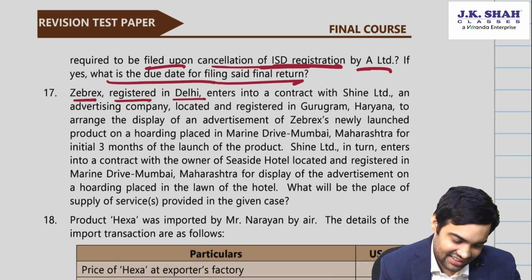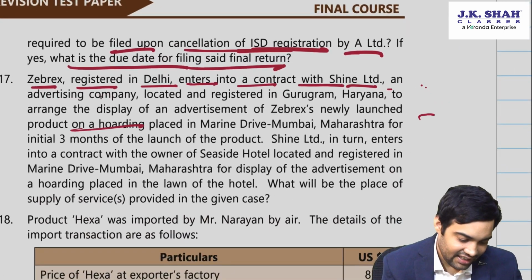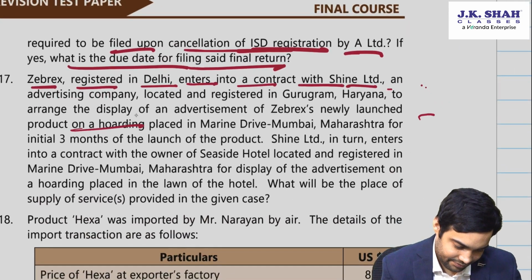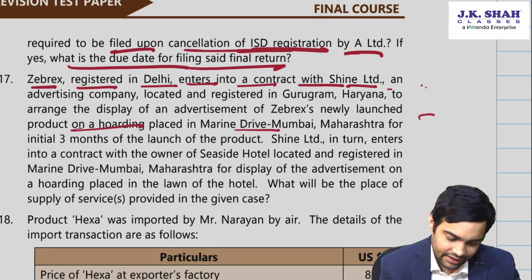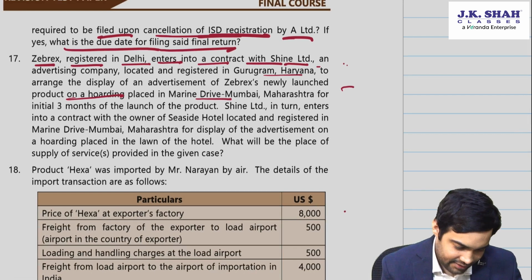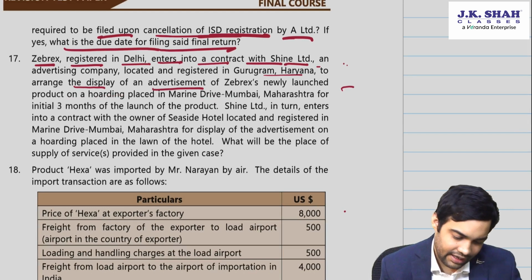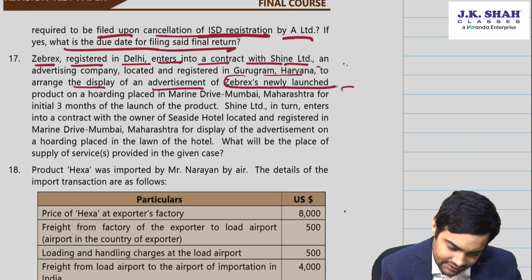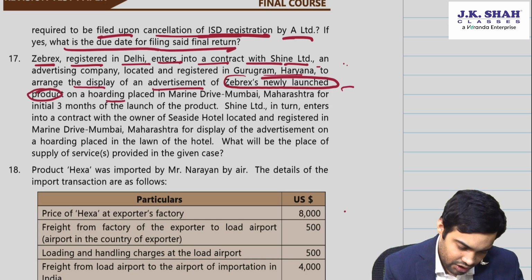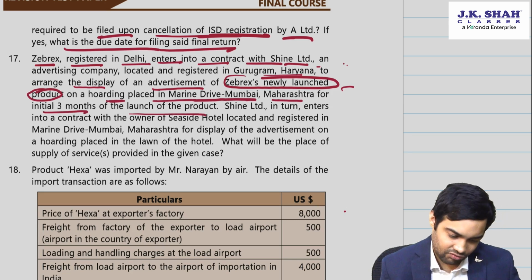Zebrex, registered in Delhi, enters into a contract with Shine Limited, an advertising company located and registered in Gurugram, Haryana, to arrange the display of an advertisement of Zebrex newly launched product on a hoarding placed in Marine Drive, Mumbai, Maharashtra for initial 3 months of the launch of the product.